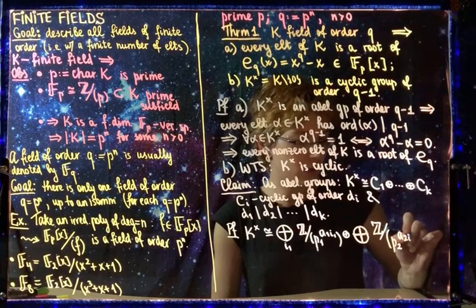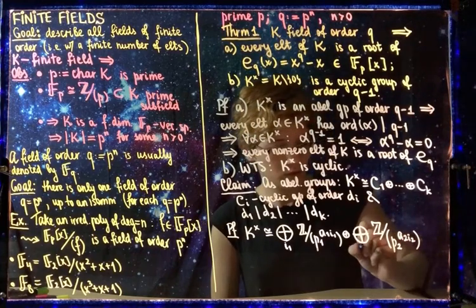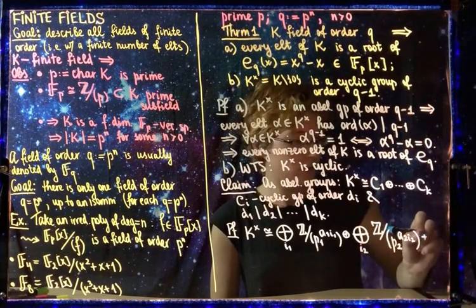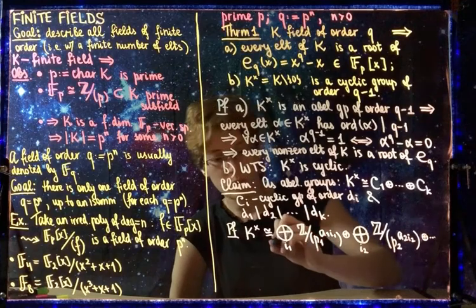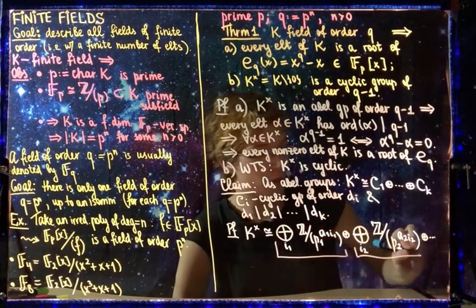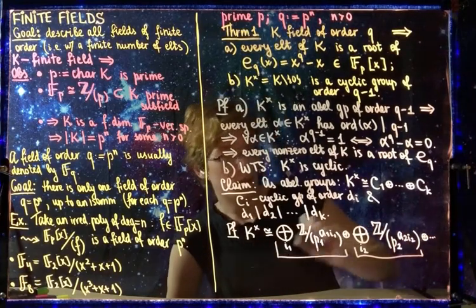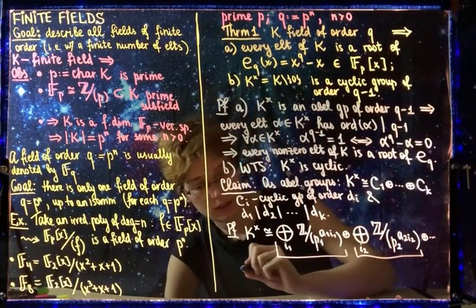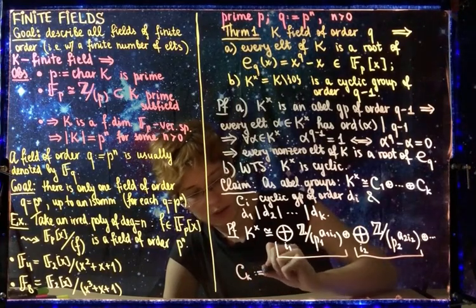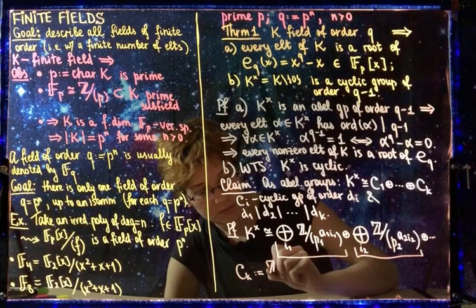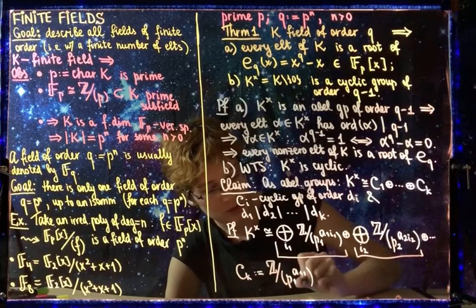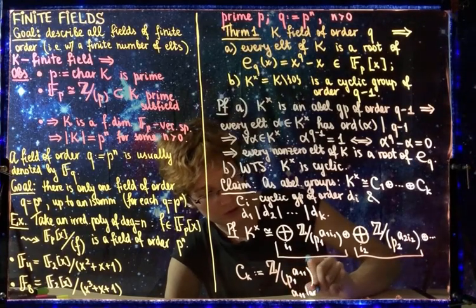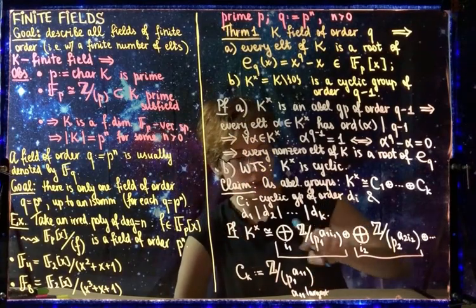So I have a2i2, the sum over i2, etc. So from each of these big summands, I can take the largest power of this prime, and I say that I can arrange Ck to be Z mod p1 to the power a1i1, assuming that i1 is the largest in the first big summand.